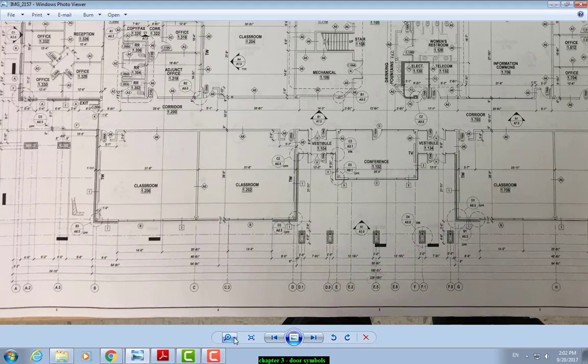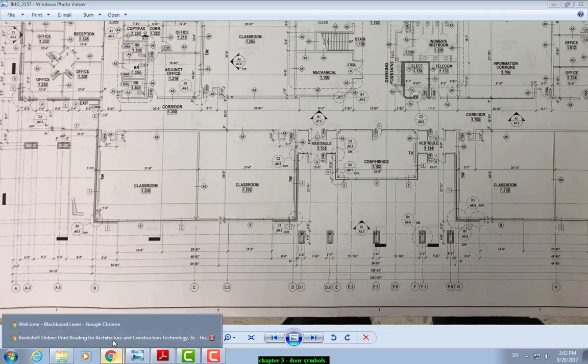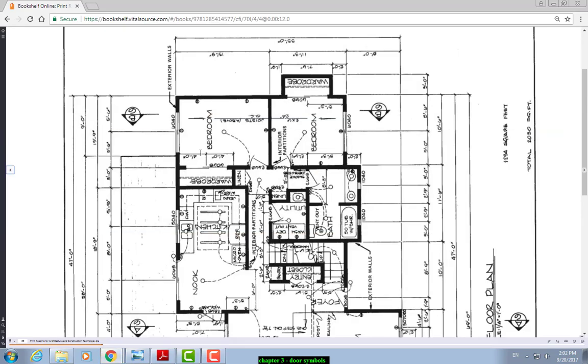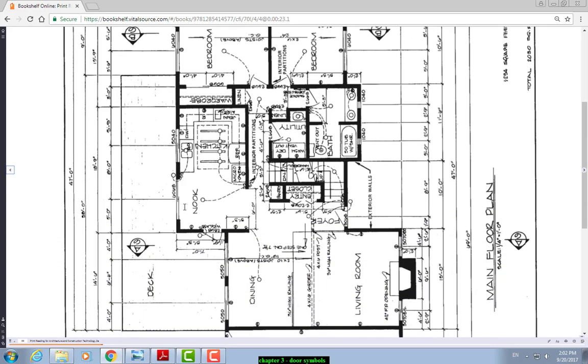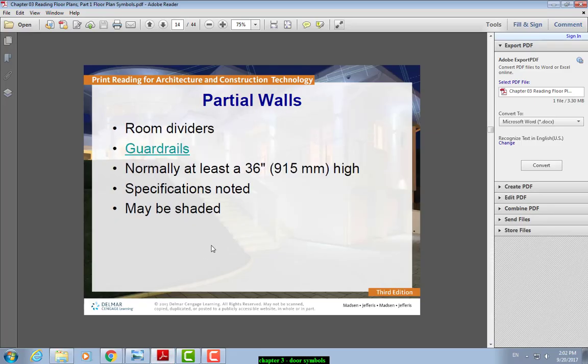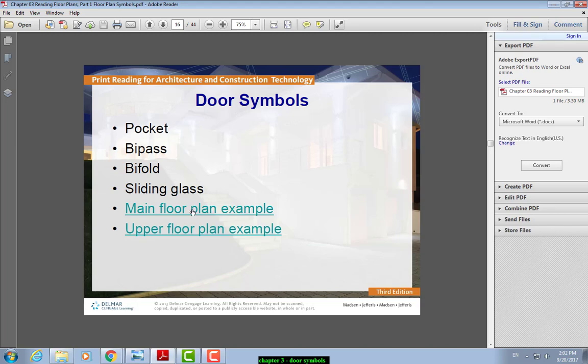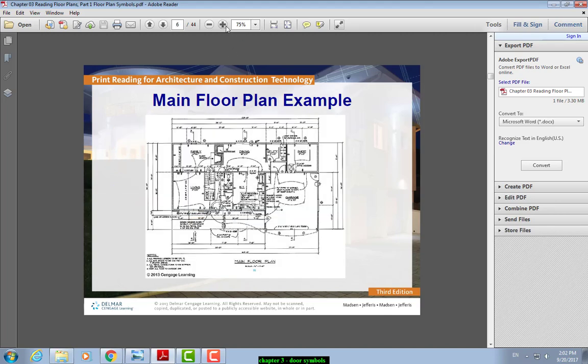On residential projects, let me go back to, which one is it? This one. On residential projects, more than likely, they're going to be like this. Let's see if we can get it here.